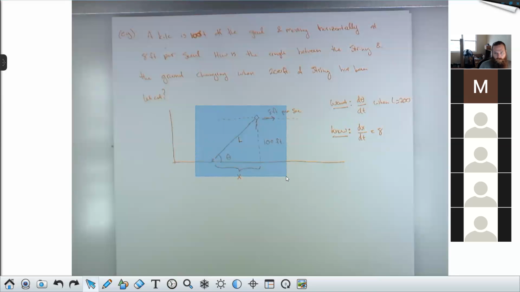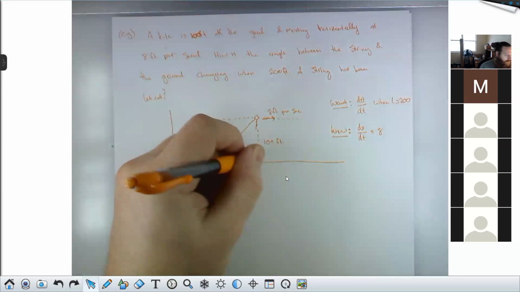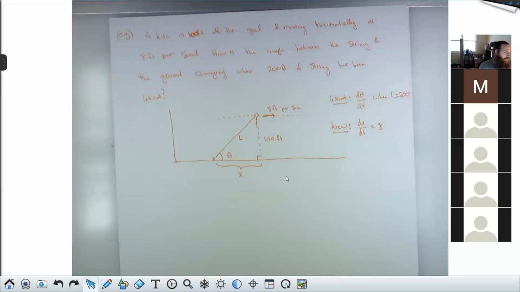I have some geometry here. And usually we've said, okay, we've got a right triangle somewhere. I'm going to use Pythagoras: a squared plus b squared equals c squared. This time, though, it's not going to be like that.